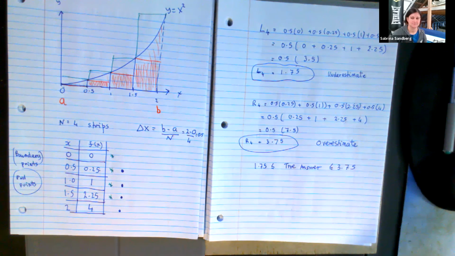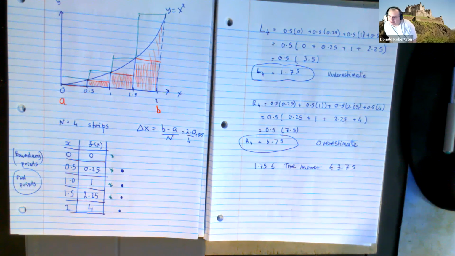Triangles? Triangles ends up being connected to a fourth method called the trapezium rule. Midpoint: how do you think I'm going to get the height with a midpoint rule? Average. Very close to it.